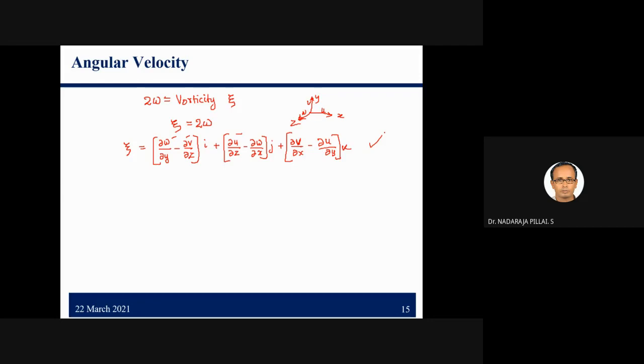U, V, and W are the velocity components in the X, Y, and Z directions. So what is this called? You have already seen this expression somewhere before. I can write this as zeta is equal to, have you seen this before? Del cross V. Yes, that's the point.